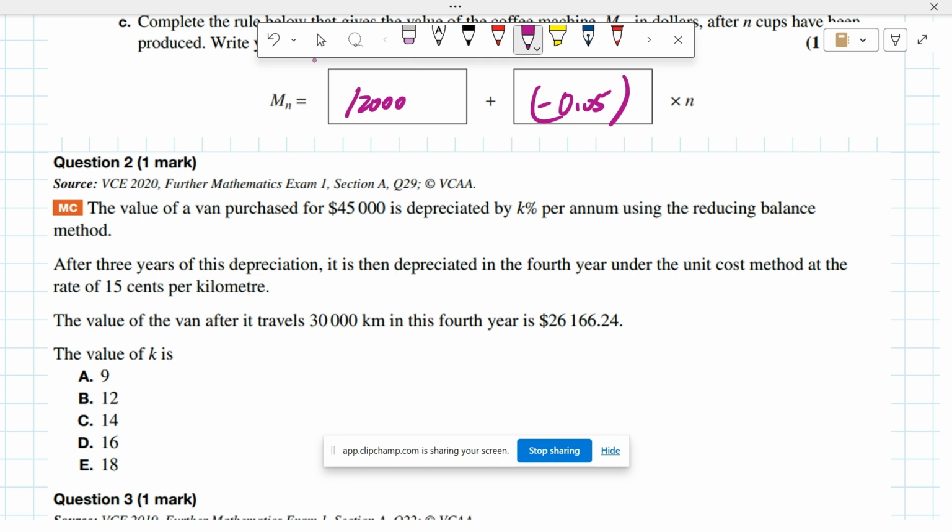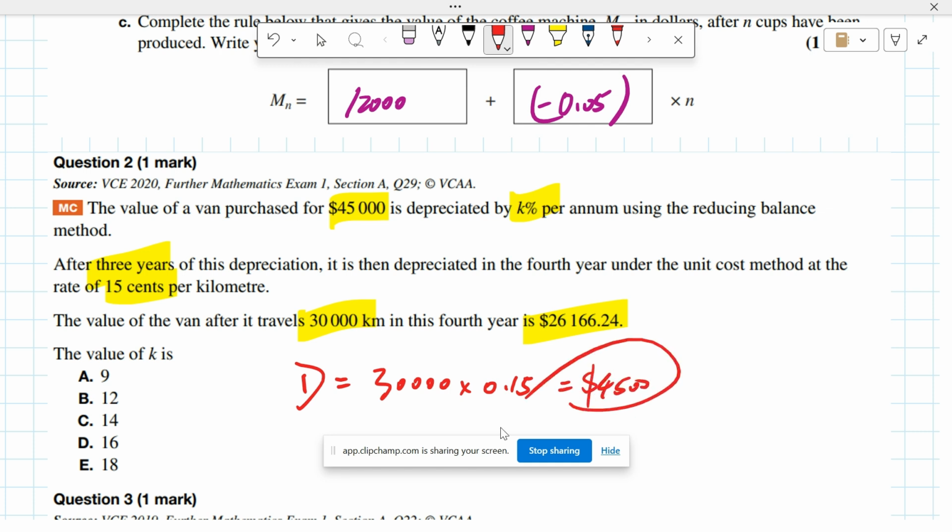So what we do is highlight all the numbers you have and figure out what we need to understand. After 3 years of depreciation and a fourth year under the unit cost, which is 15 cents per kilometer, the value after travelling is $30,000 the fourth year, which is equal to 26,166.24. We need to figure out the depreciation first. Depreciation equals 30,000 multiplied by 0.12, which is $4,500 in total.